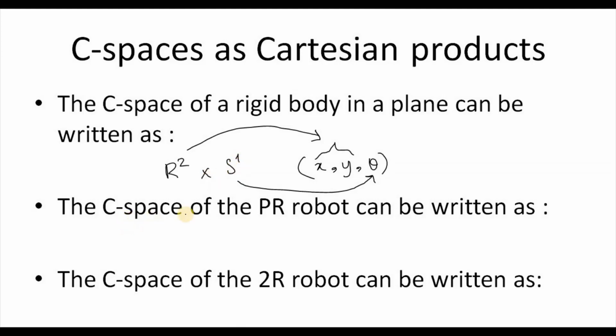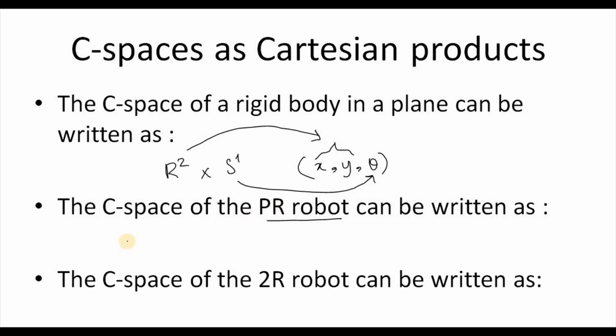The C space of the PR robot can be written as, so what is a PR robot here? PR robot means a robot or a mechanism having one prismatic joint and one revolute joint. How we can write its C space?